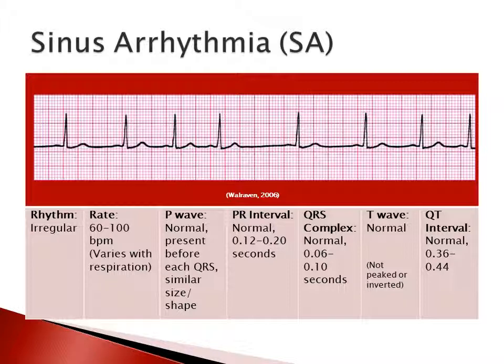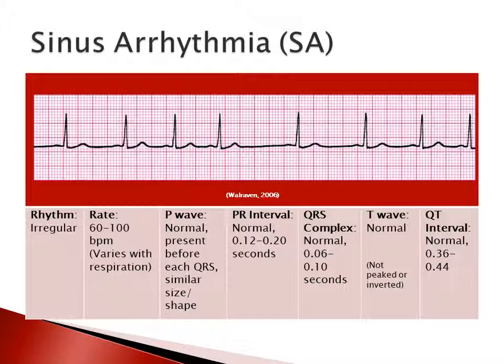So we'll analyze this strip, and we're going to use our steps of interpretation and determine each of the characteristics about the strip. So when we march out our distance between the P waves, we can see that they're shorter here, but then towards the middle of the strip they get much longer. So we can see that this is an irregular rhythm, and it also means that we can rule this out as a normal sinus rhythm.